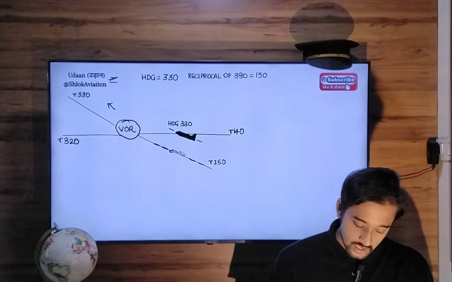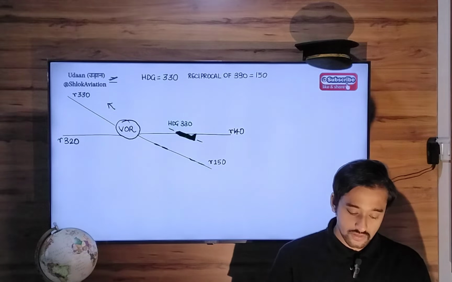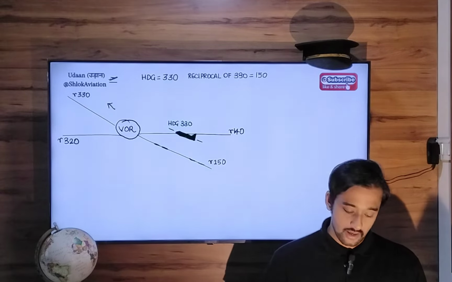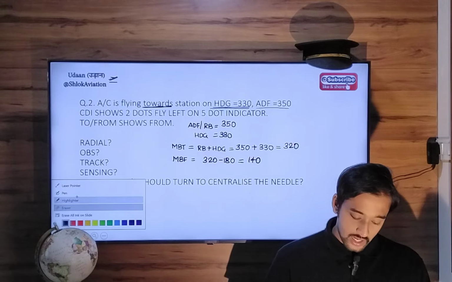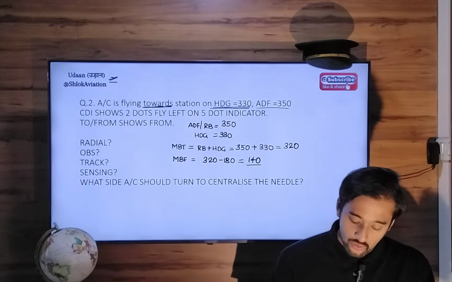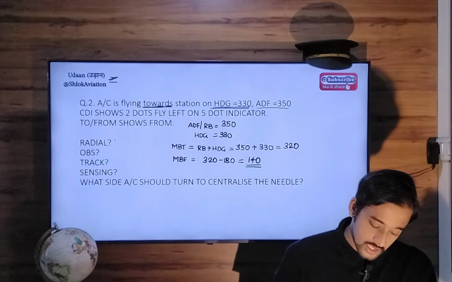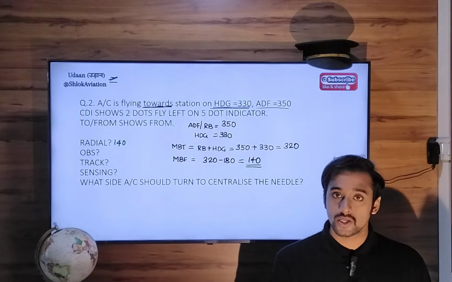So let's erase this out. Okay, so this is the correct way. So the first question, where is the aircraft situated? The aircraft is situated on radial 140. So the answer to this is radial 140.